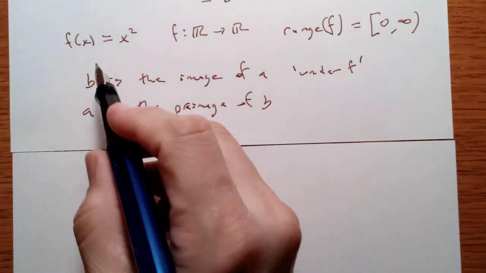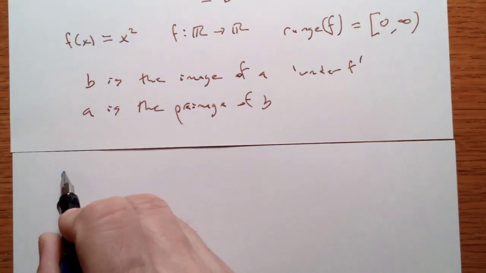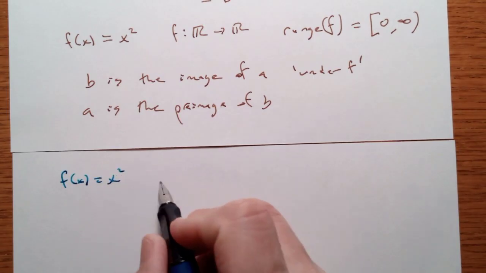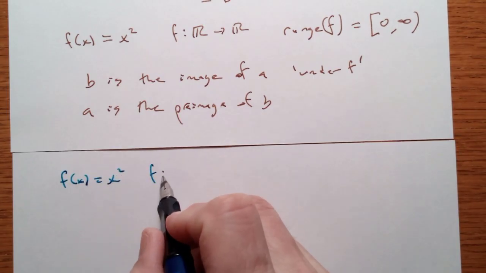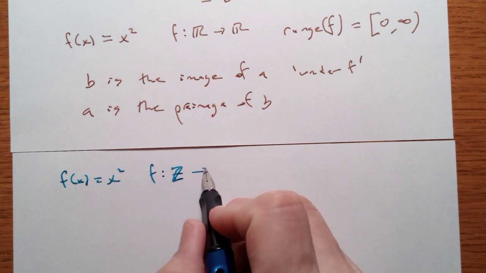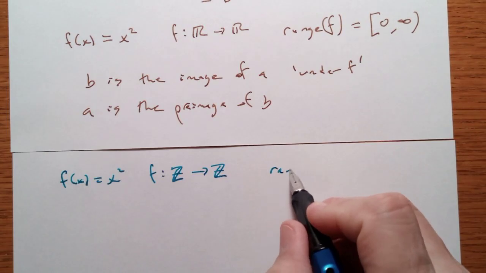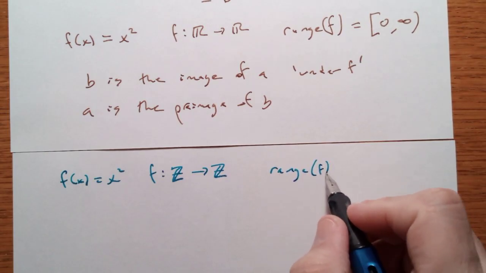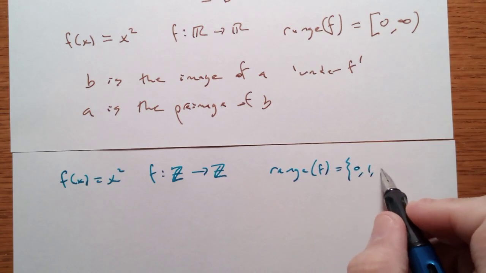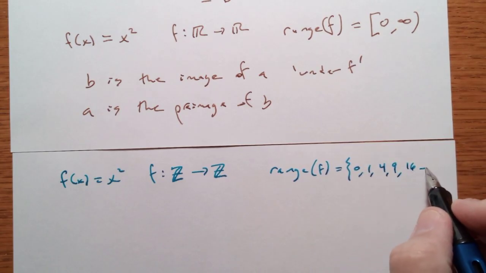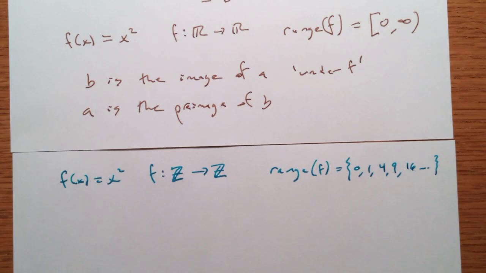If I consider that same function x squared, but instead of going from R to R, it goes from Z to Z. Well, then the range of f is a particular set of integers. And what's more, the graph looks completely different because I've changed the domain.